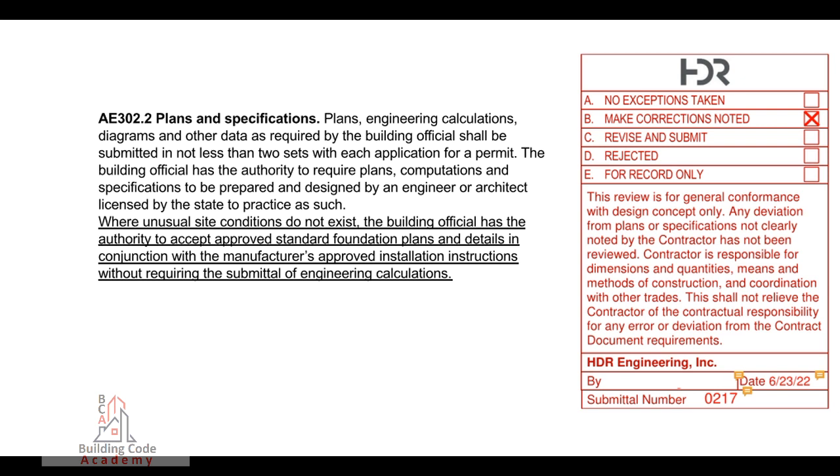Where unusual site conditions do not exist, the building official has the authority to accept approved standard foundation plans and details in conjunction with the manufacturer's approved installation instructions, without requiring the submittal of engineering calculations.